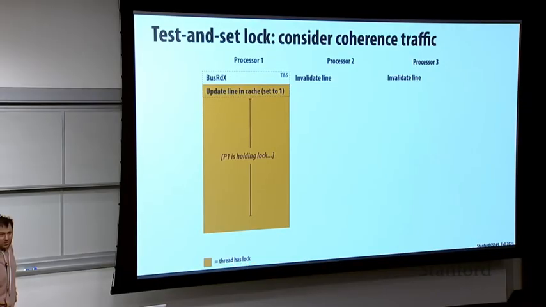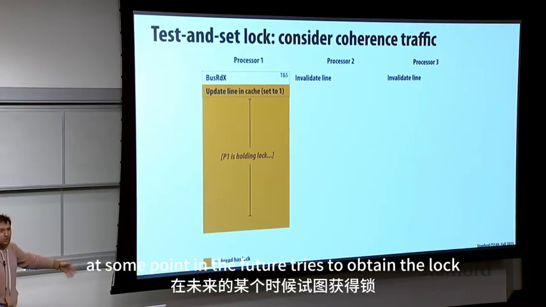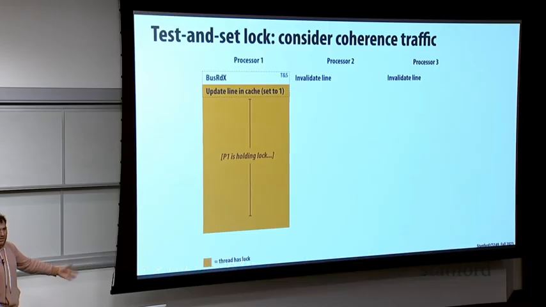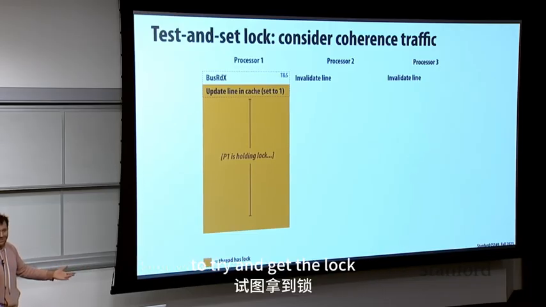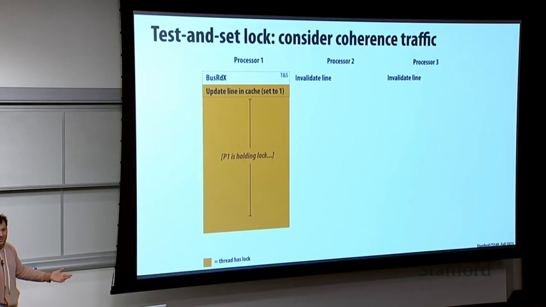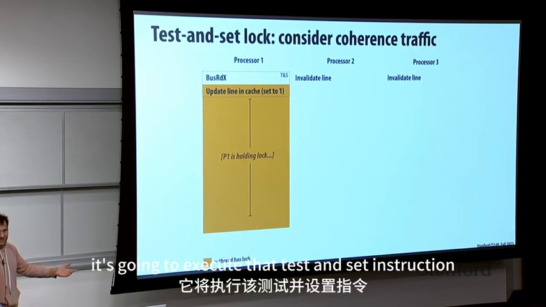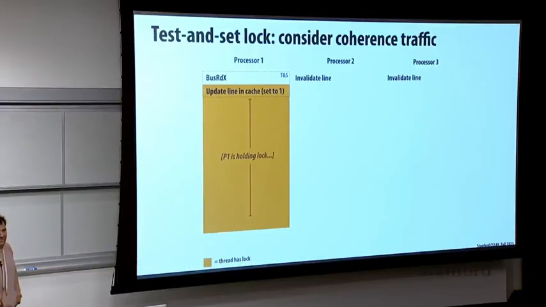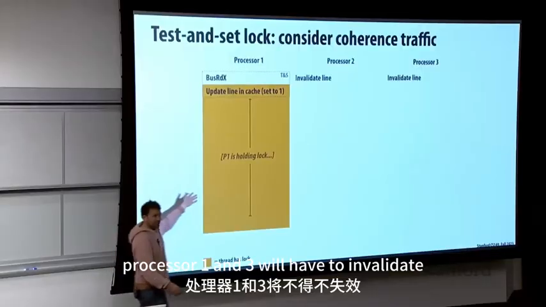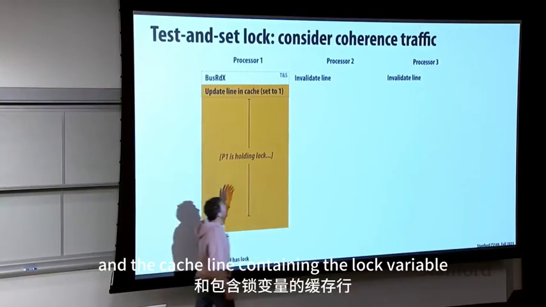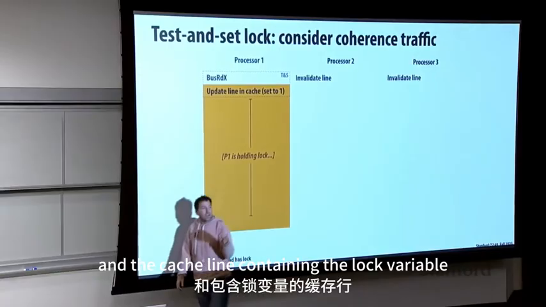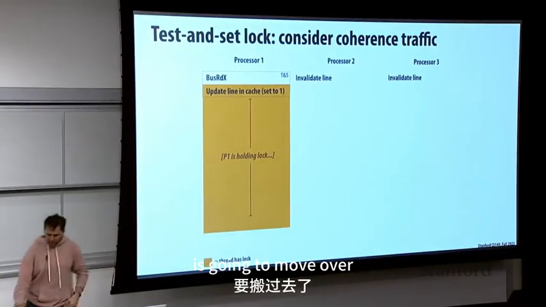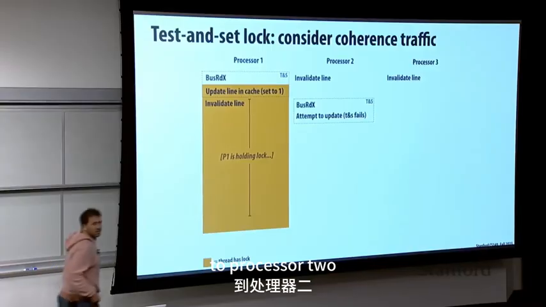Processor 2, at some point in the future, tries to obtain the lock. What is processor 2 going to do to try and get the lock? It's going to execute that test and set instruction. What's going to happen to the cache line? Processor 1 and 3 will have to invalidate, and the cache line containing the lock variable is going to move over to processor 2.